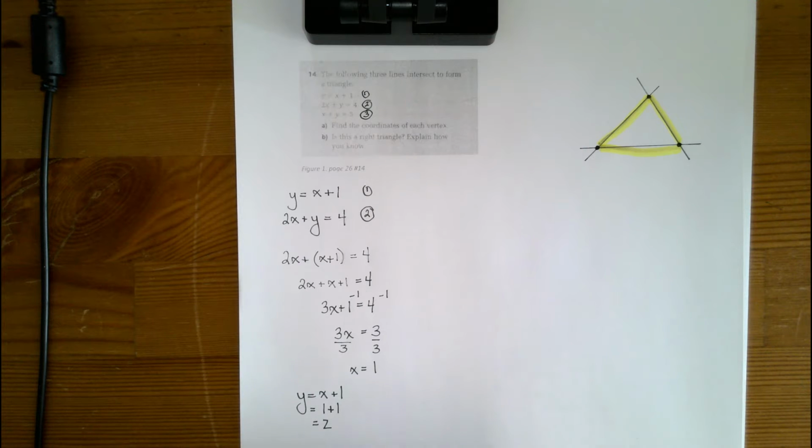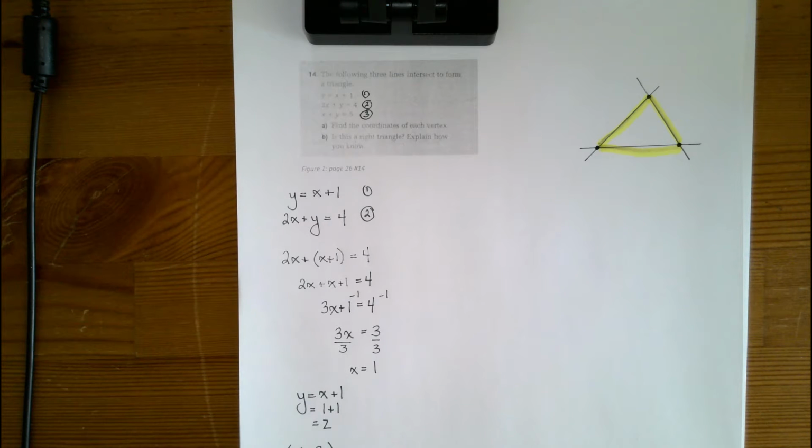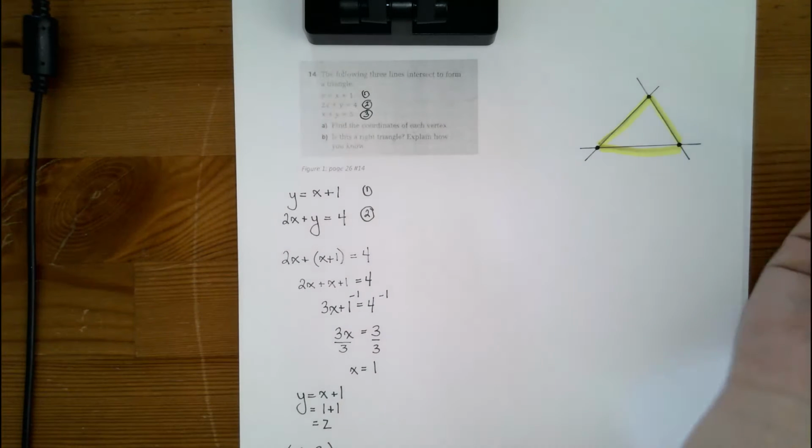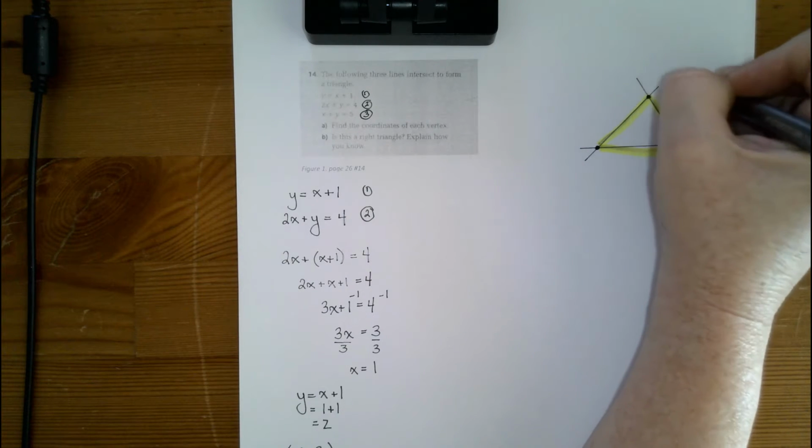Therefore one of the vertices is (1, 2).